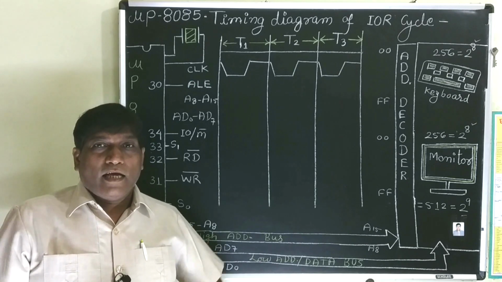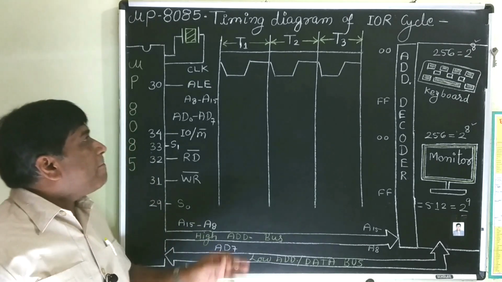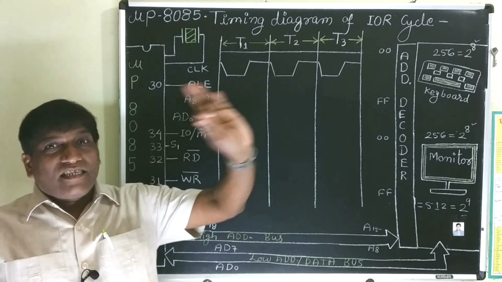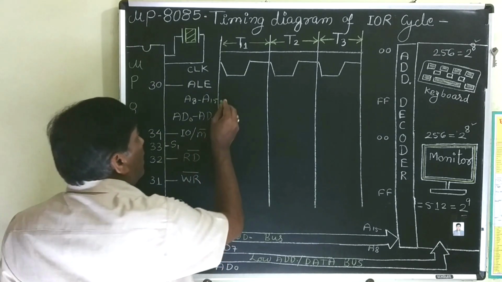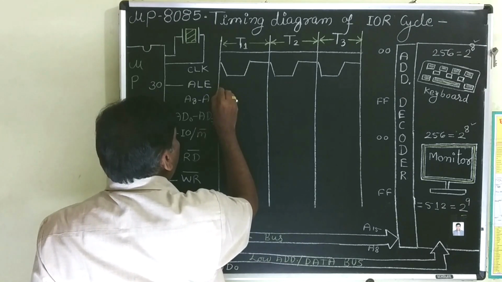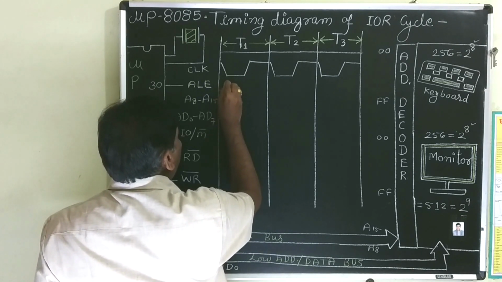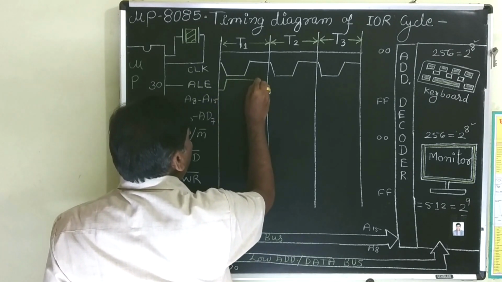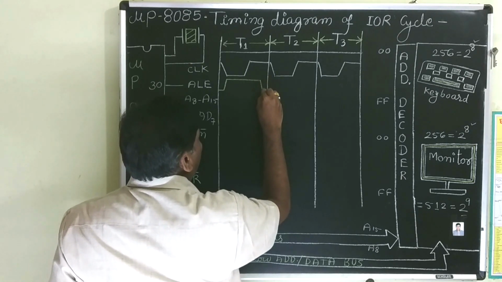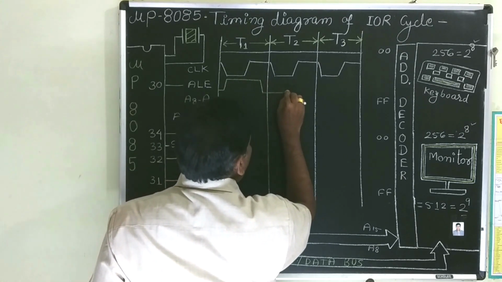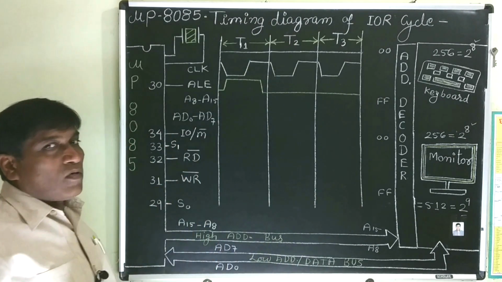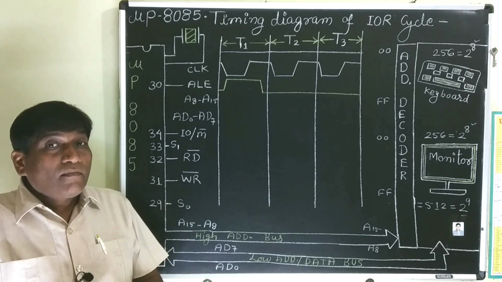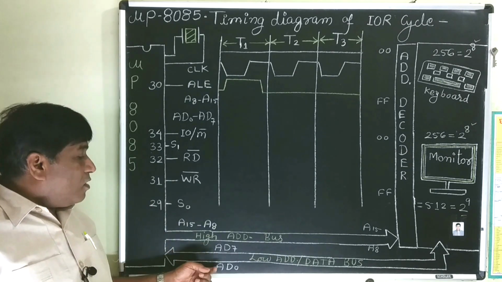For drawing the timing diagram, as we know, 3 T states are required. In the first T state, ALE is a very important signal. It is enabled at T1 and later on disabled, so that it can extract the address from the lower order bus.